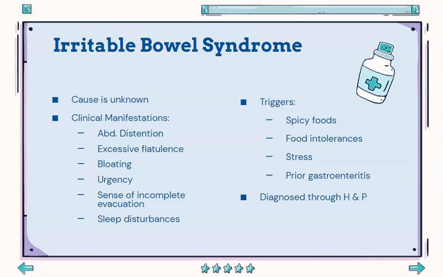So they'll go through a whole bunch of diagnostic questioning, may or may not run labs, they may or may not do an abdominal x-ray or a CT scan, because it truly can be, okay, you eat these foods and you have episodes, so stop eating these foods and see if it clears up. So it truly can be diagnosed simply through a history and physical.